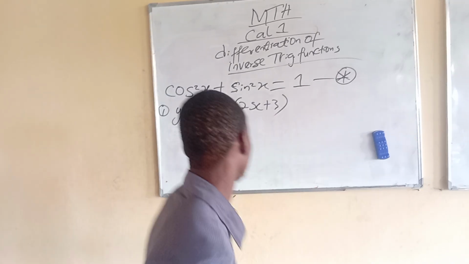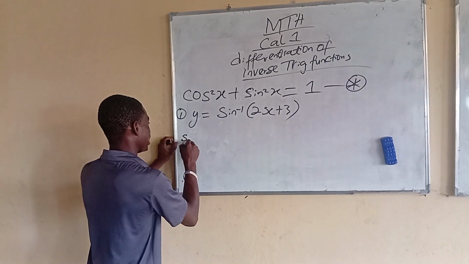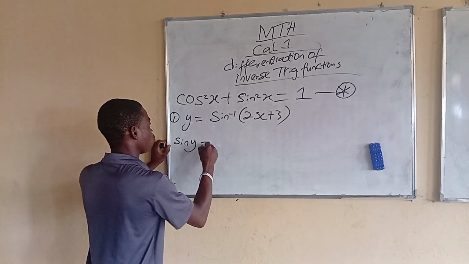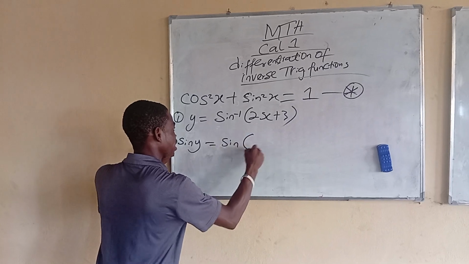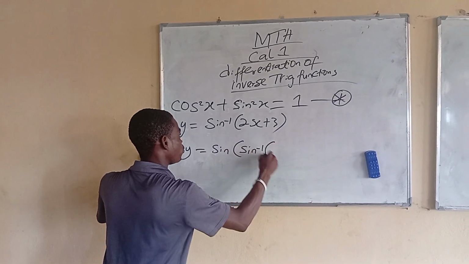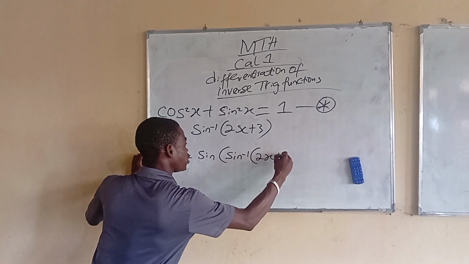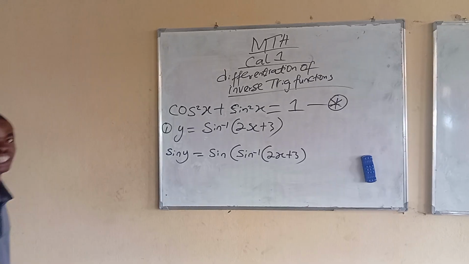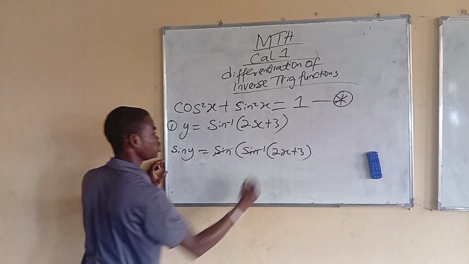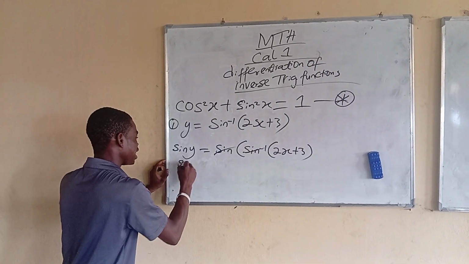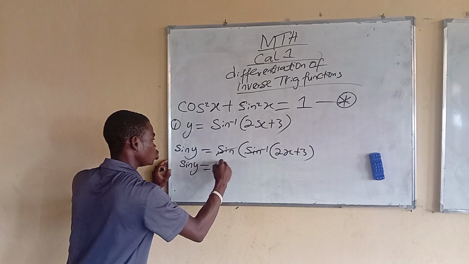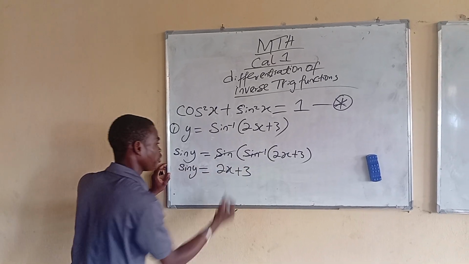Look at this: sine y equals sine of sine inverse of 2x plus 3. So this sine will cancel this sine inverse, and you are going to get sine y equals 2x plus 3.